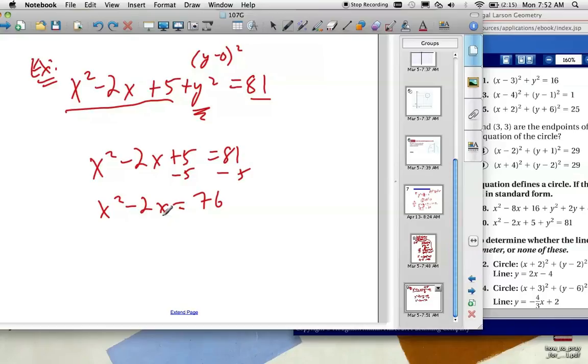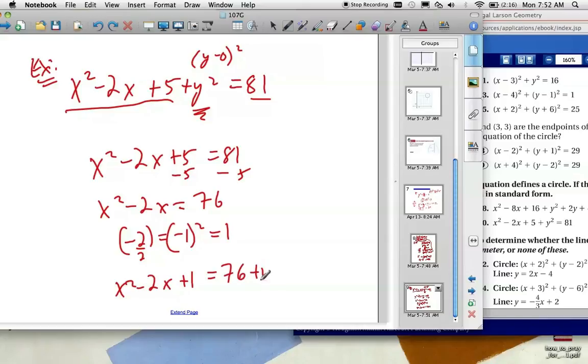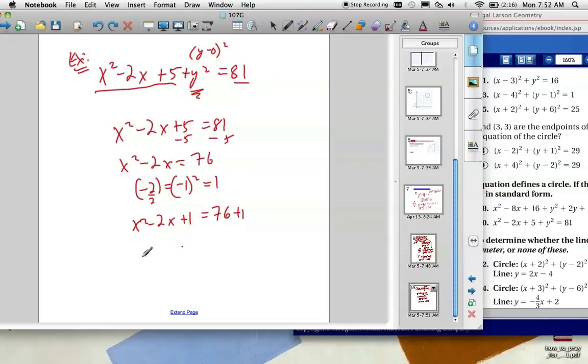I'm moving a little quick now, sorry. So we have this form. Take this number, 2, divided by 2, you get negative 1. Square it, you get 1. Add this to both sides. So we get x squared minus 2x plus 1 equals 76 plus 1. This factors to x minus 1 squared equals 77.